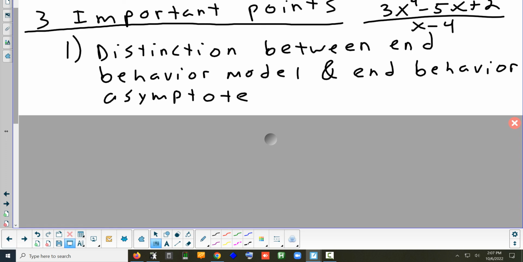To find an EBM, all you do is take the highest degree term in the top and divide it by the highest degree term in the bottom. EBM, very simple. EBA, a little bit more complicated. You have to do long division. So that's the difference.